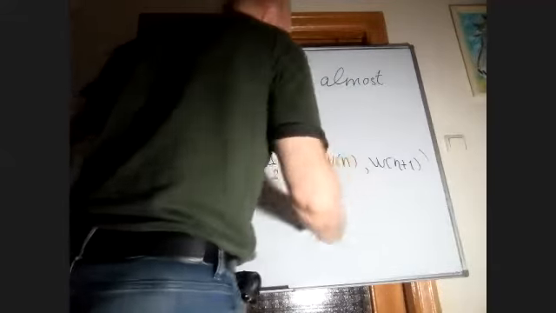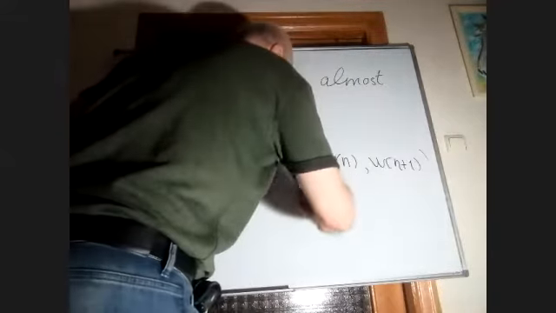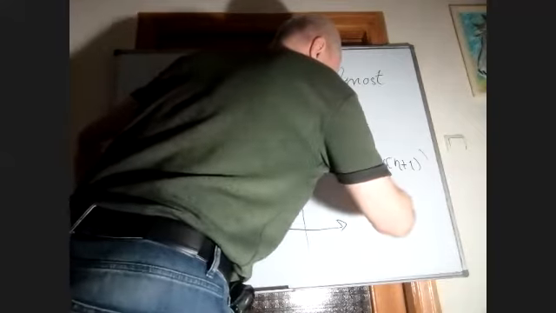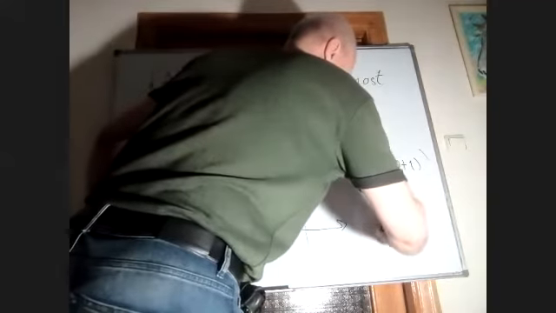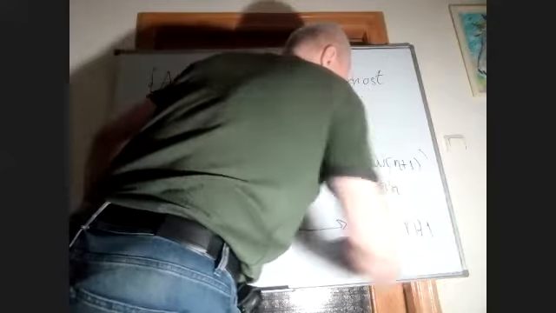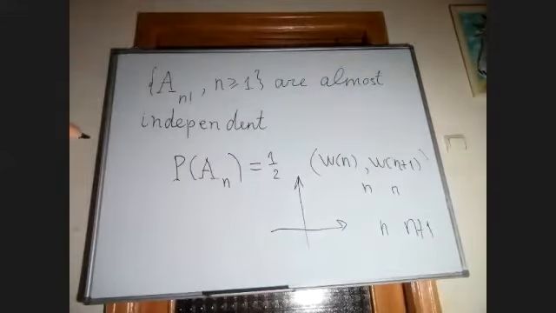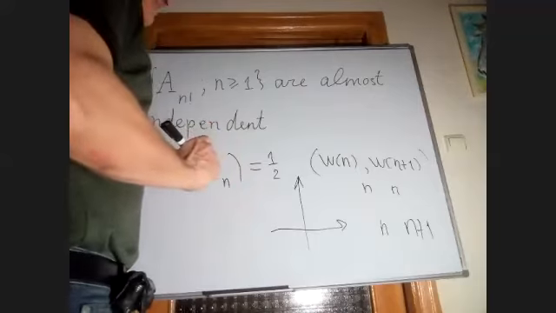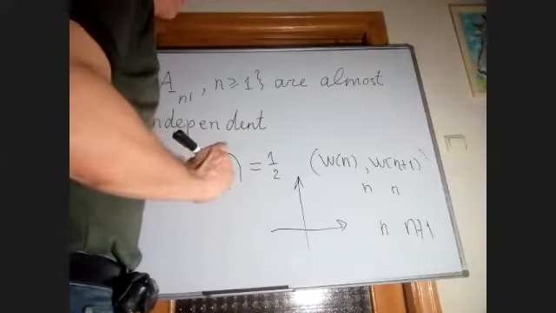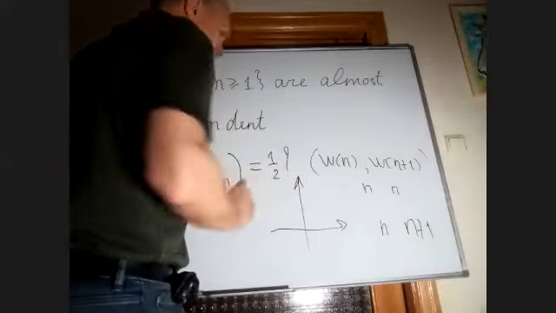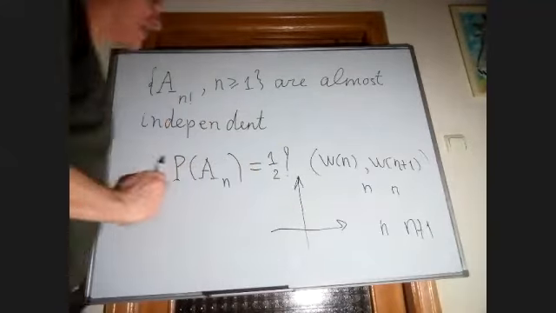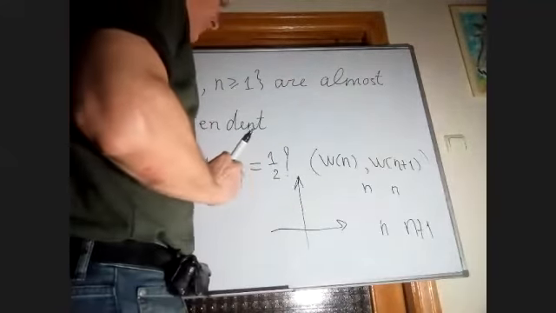Let us check. This is a Gaussian vector with a matrix n, n plus 1. Okay. Let's see. Will we have such kind of relationship?